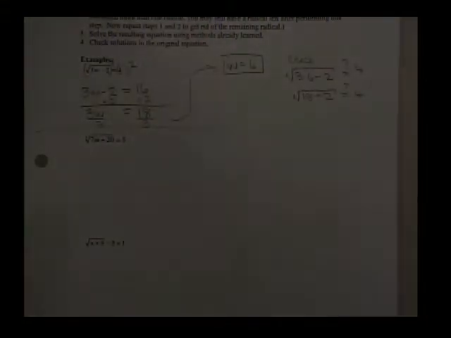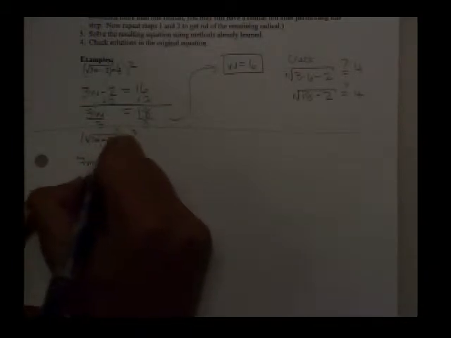Okay, so the next one, again, the radical is by itself on the left side of the equation. So now we want to raise both sides to a power that will eliminate the radical. What power do we have to raise each side to? The third. So the cube root of 7m plus 20 cubed is just going to be 7m plus 20, and 5 cubed is 125.